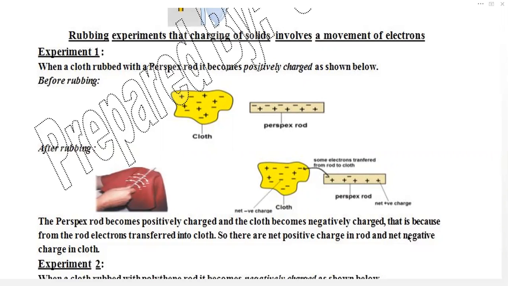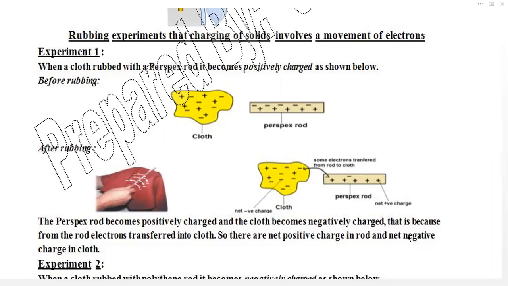Neutralized means if we take the perspex rod, it will have the same number of electrons and protons, as you can see in the figure. The figure shows 5 positive and 5 negative. It means electrons and protons have the same number, so it is called neutralized.